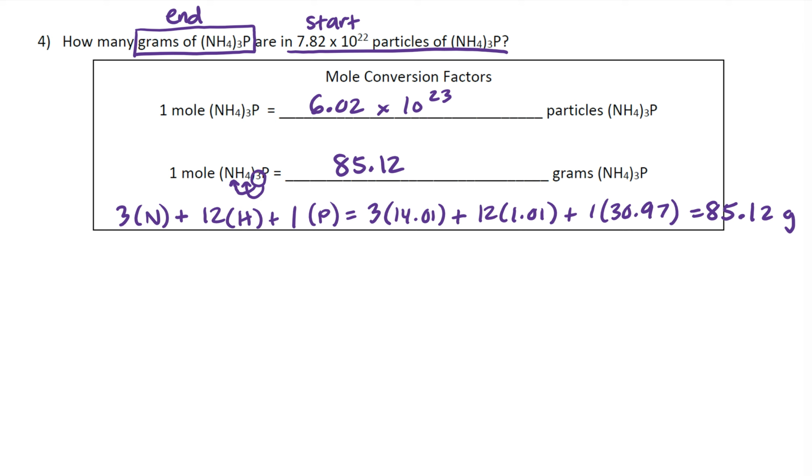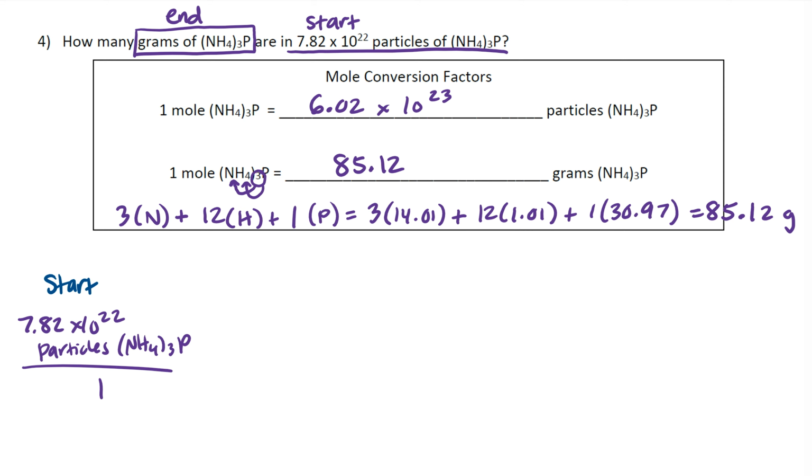All right, so take your start: 7.82 times 10 to the 22nd particles of ammonium phosphide. All of that is over 1.